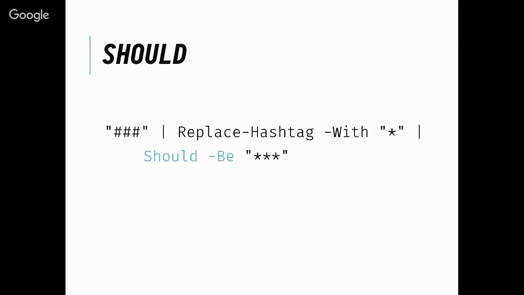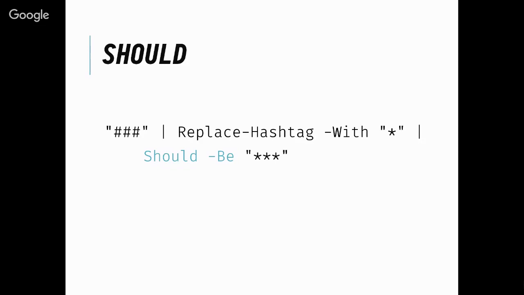You give it some hashtags, you run it through your function that's called Replace-Hashtag, and you replace it with asterisks. And so in the end, you should get 3 asterisks instead of 3 hashtags. That makes sense, right? So we use Should -Be, which is basically just an -eq operator internally to compare those two values.